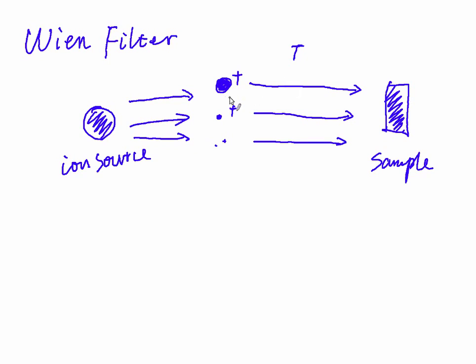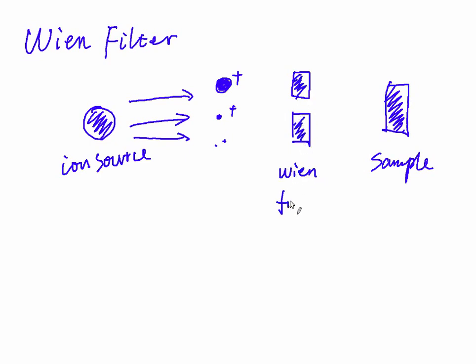So we need to remove the heavy ions and light ions so that we get a more precise signal. By putting in a Wien filter, the expected ion will pass through, but the others will be blocked.